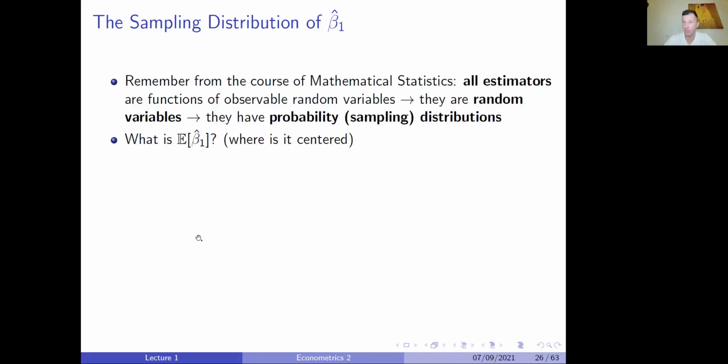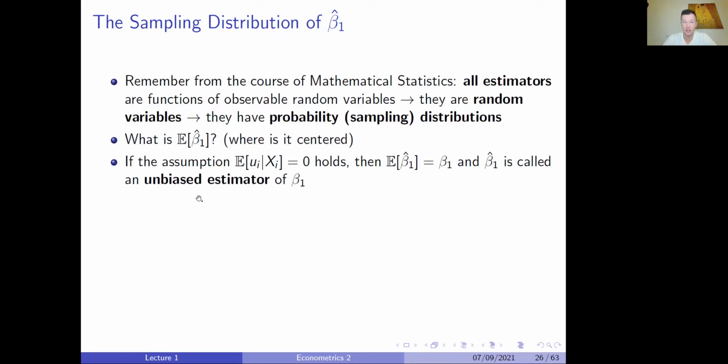When we have a distribution of a random variable, we usually are interested in two values that are called moments. The first moment is the expected value. So what is the expected value of beta 1 hat? If the assumption of a conditional zero mean for the error term holds, then the expected value of beta 1 hat equals the population parameter beta 1.